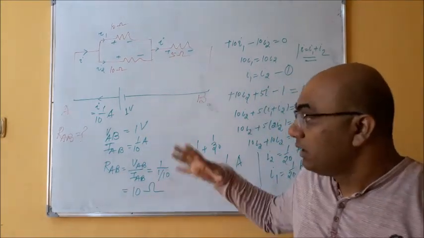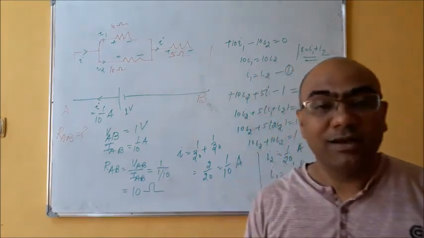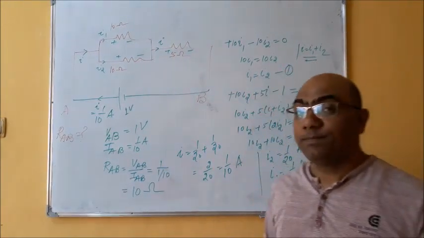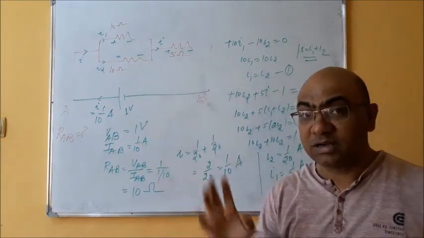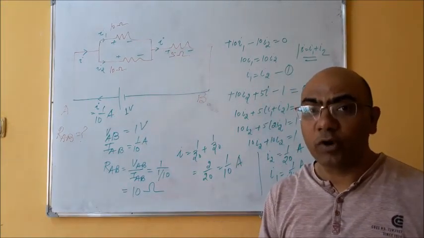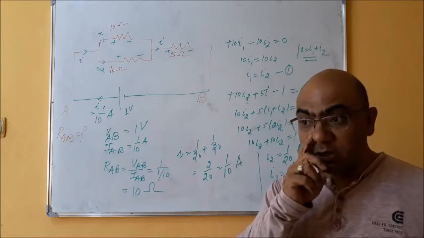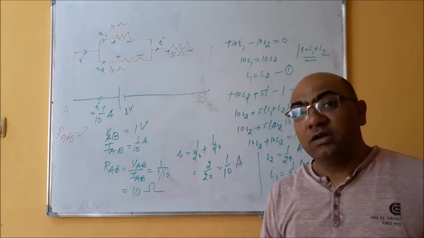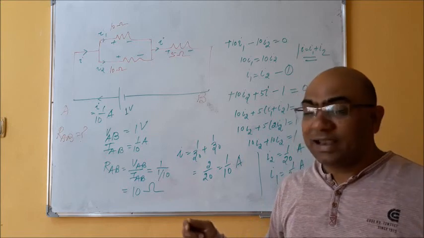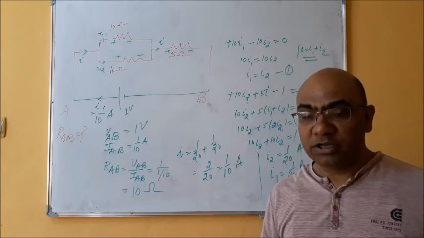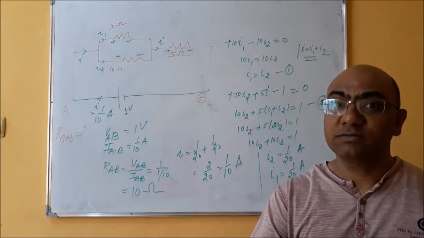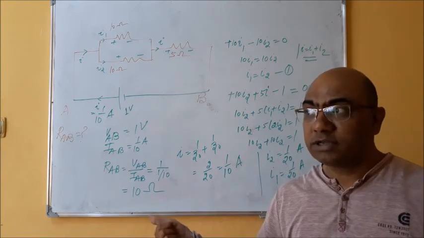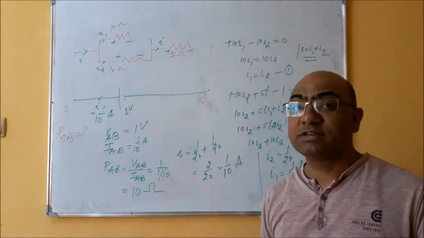So I hope the procedure is clear to you. I am repeating once again that if you want to know the equivalent resistance between any 2 points for any circuit, first you connect a 1 volt voltage source between these 2 points and see what current flows from this voltage source into the given circuit.